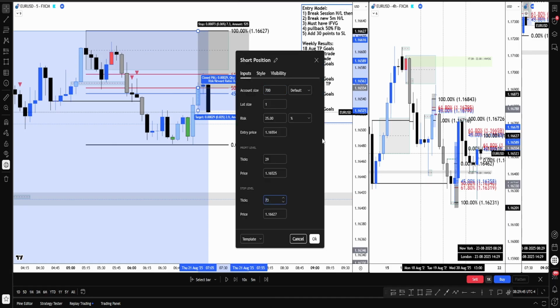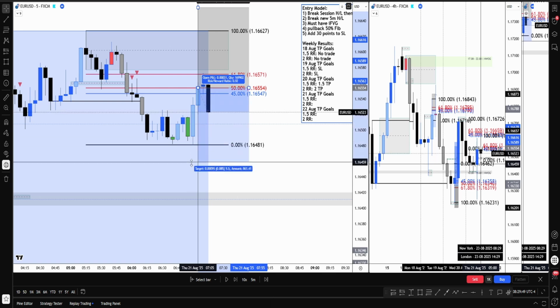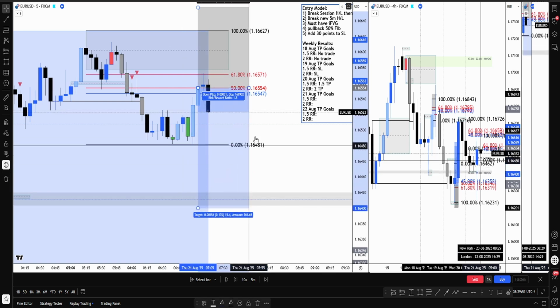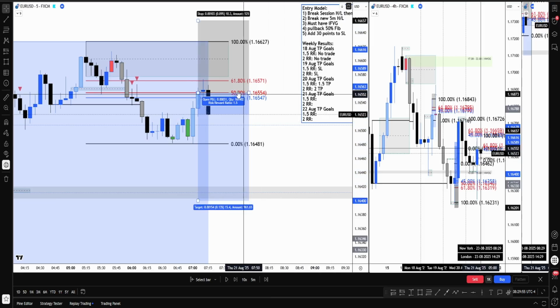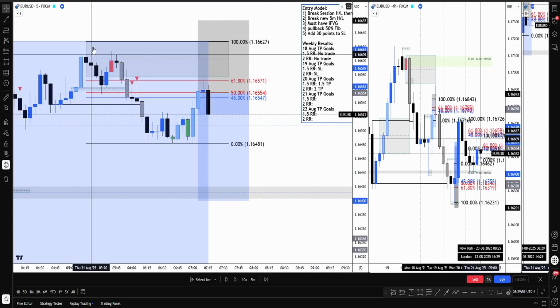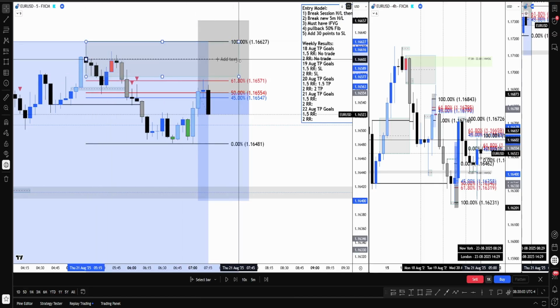And what I did was I broke my rules a small bit here for the 2 risk to reward trade. I actually entered that trade here on the 61.8 level. It was very close to that area there.